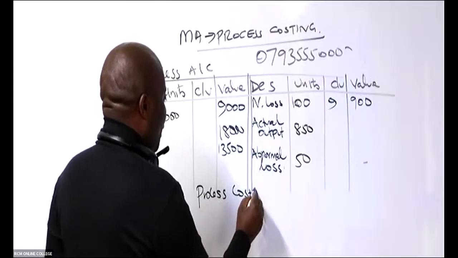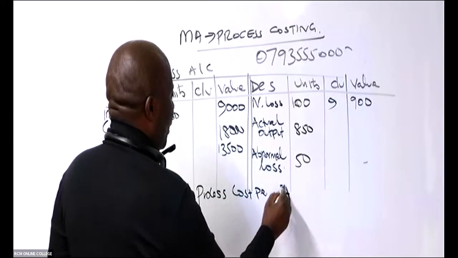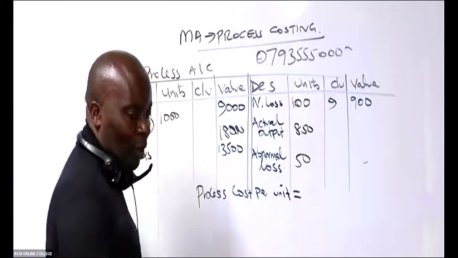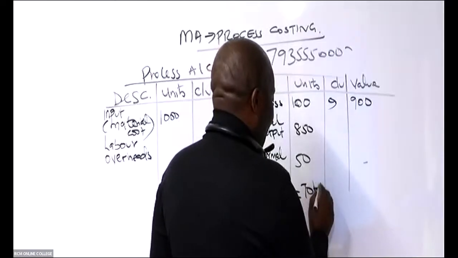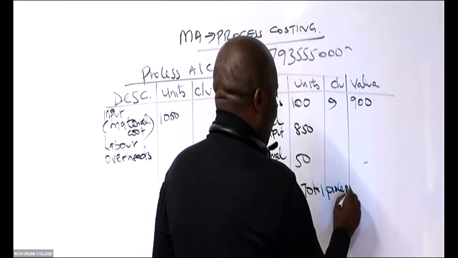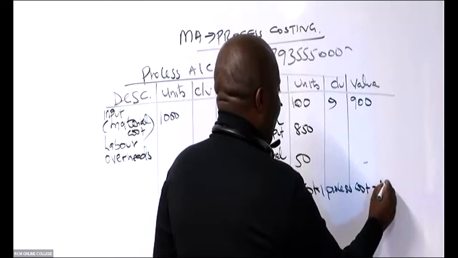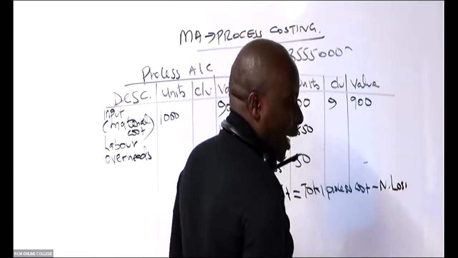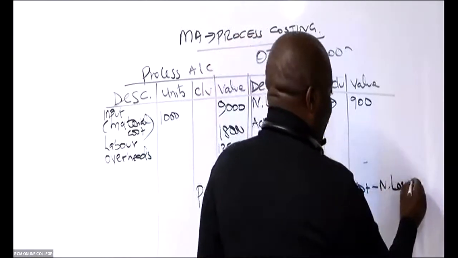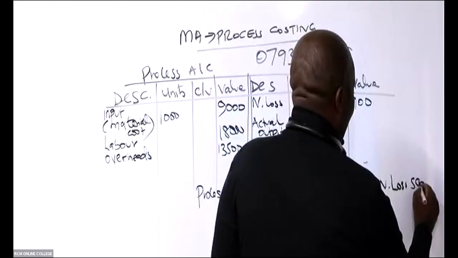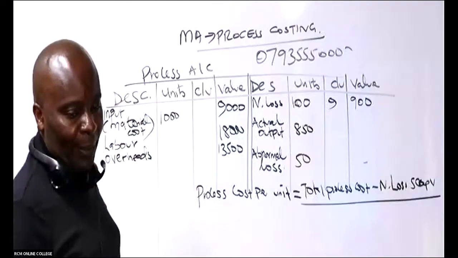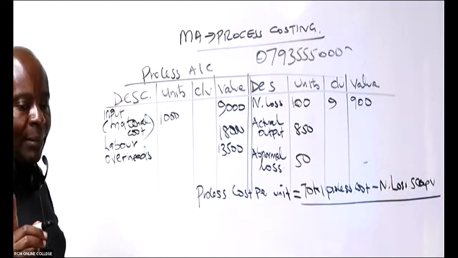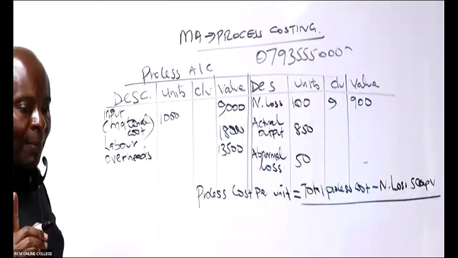Process cost per unit. I'm able to remember this very well. We said we take the total process cost minus normal loss scrap value, all over... Please listen, I'm bringing in something new because now we are becoming professionals.